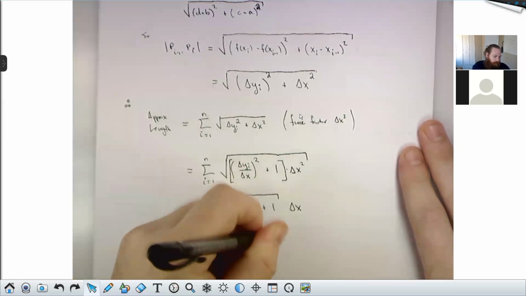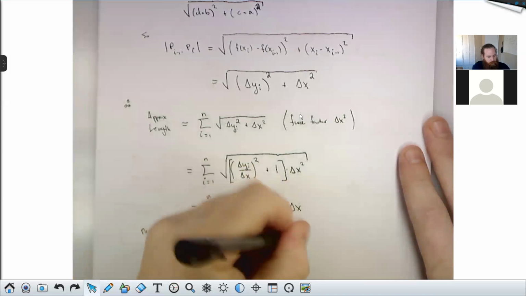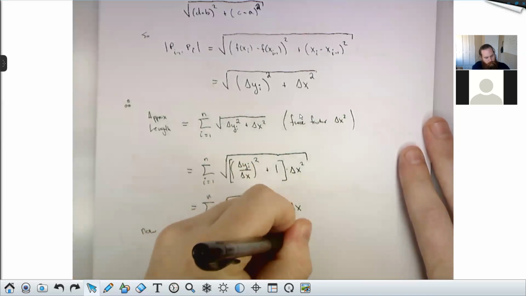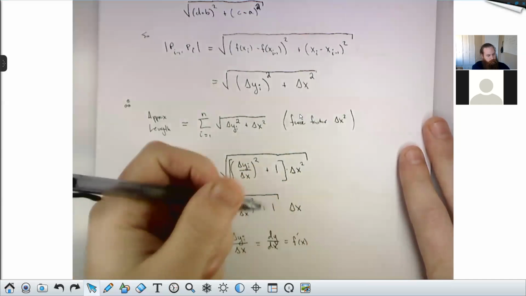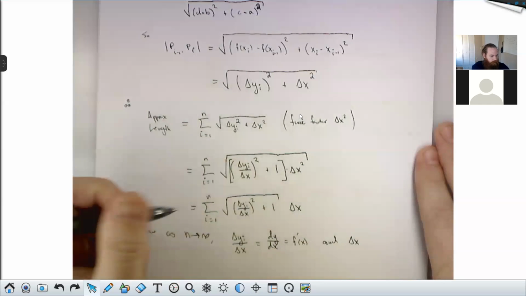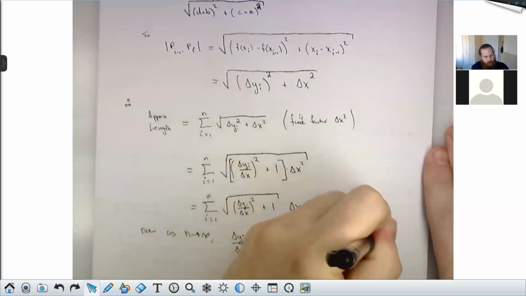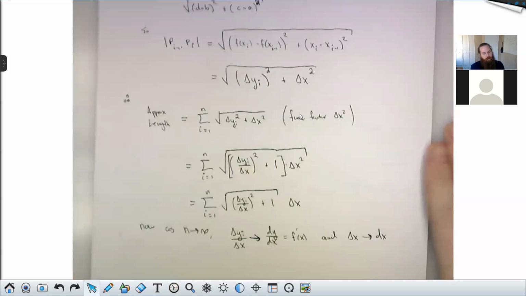This becomes dy over dx, or f prime of x, and delta x, I should say, it's not equal to, it becomes that. And delta x becomes dx.